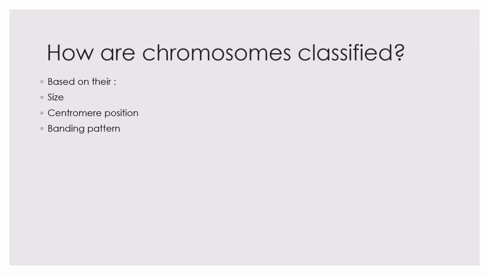Nothing but when the chromosomes are stained, they make up a banding pattern. In certain regions, the stain is taken up more. In certain regions, the stain is taken up less. So it forms bands across the chromosomes, P arm and Q arm, you can say. And based on that banding pattern, the chromosomes are classified or identified.